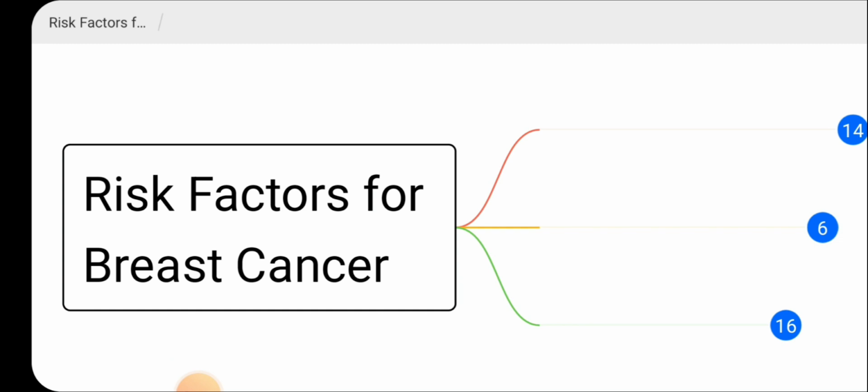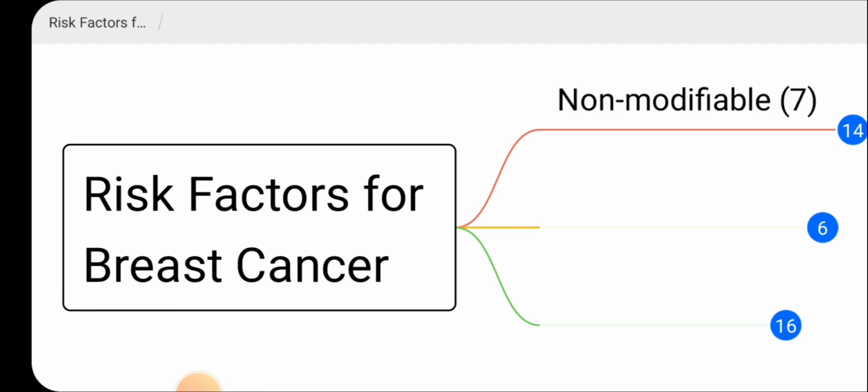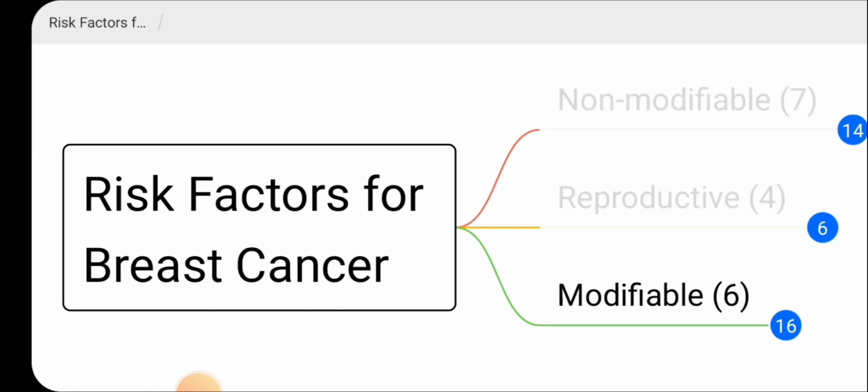This is an important topic for all of you, for your theory papers and also to face your long case examinations. I have categorized these risk factors for the easiness of remembering as non-modifiable, reproductive and modifiable risk factors.